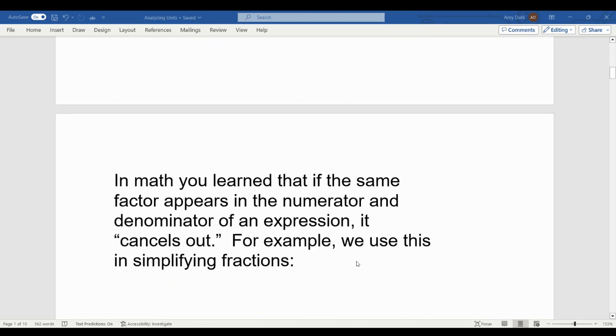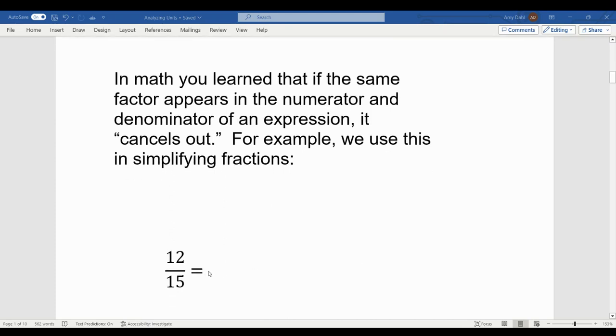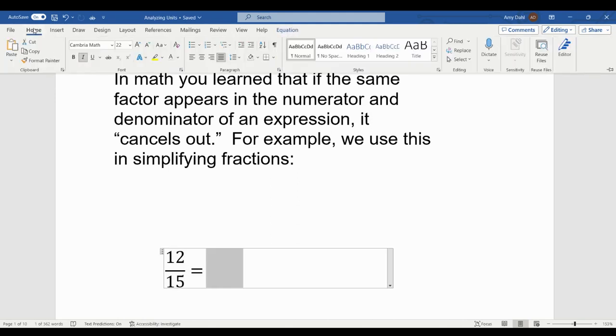In math, you learn that if the same factor appears in the numerator and denominator of an expression, it cancels out. For example, we use this in simplifying fractions. We have 12 over 15. So we can factor it into 4 times 3 divided by 5 times 3.